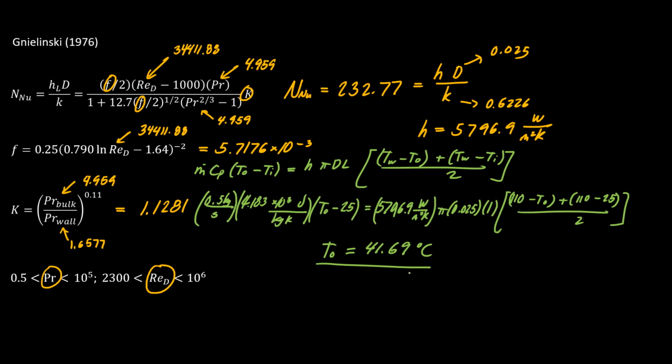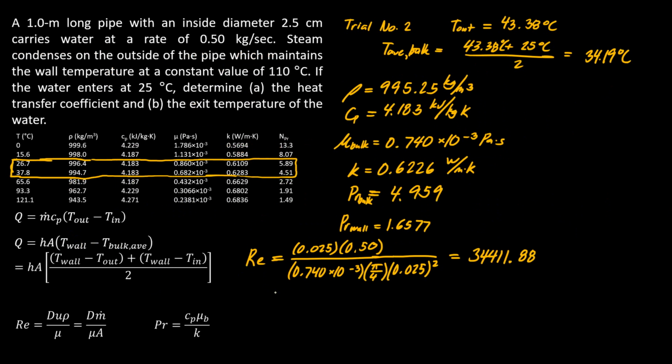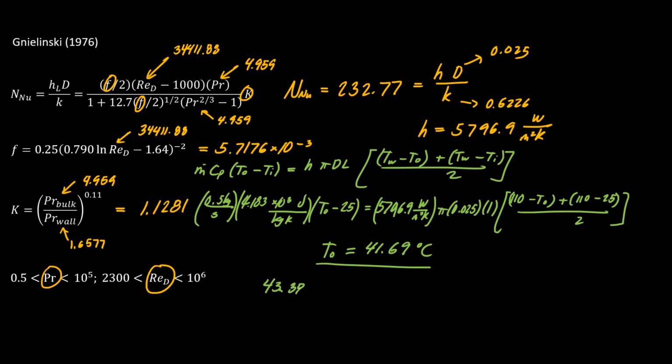For the third iteration, you can do that on your own, but you see the difference in temperature. We started with 80, right? You started with 80, and then after the first trial, 43.38, and now at the second trial, 41.69.